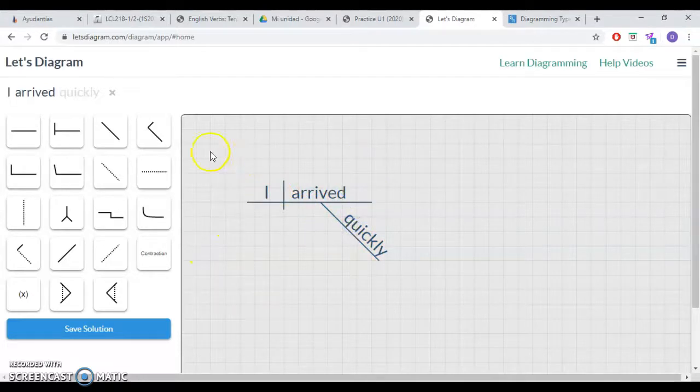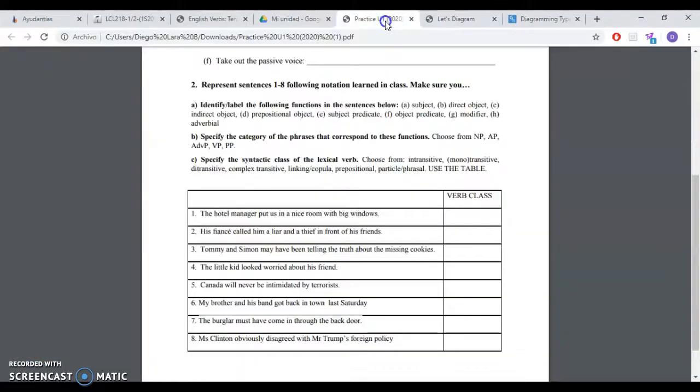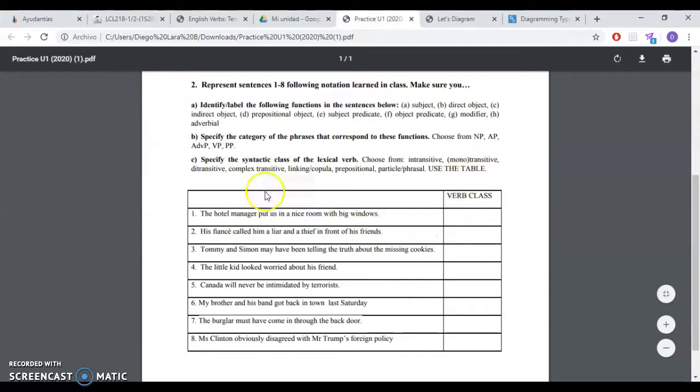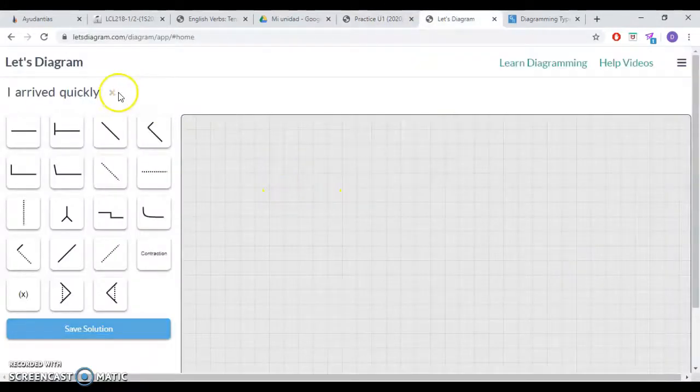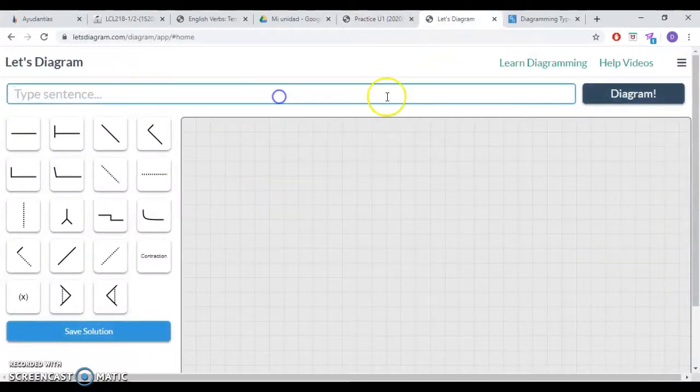So now we're going to move on to the transitive verbs. Transitive verbs do need a direct object, okay? So for instance, we can have the sentence, I bought a book.